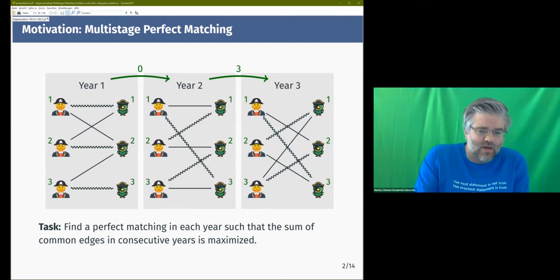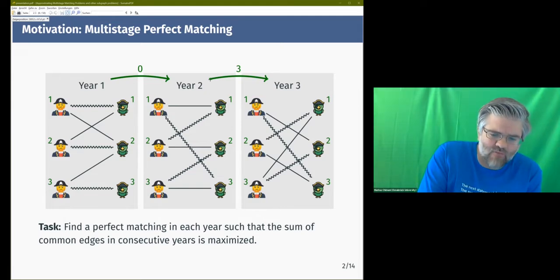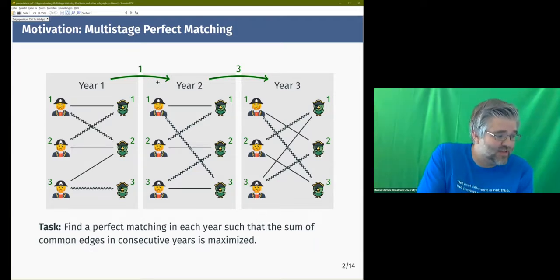This would now give us a value of 3 moving from year 2 to 3, but year 1 to year 2 is now bad. But there we can use yet another matching so that we carry over 1 edge in the first transition and 3 edges in the second transition, and this would be best possible in that case.